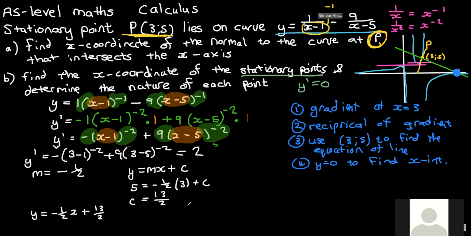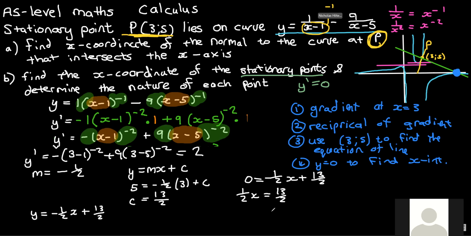Well, we're there now, because to find our x-intercept we make y equal 0. So 0 equals negative a half x plus 13 over 2. We take the negative a half x across, it becomes a half x equals 13 over 2.